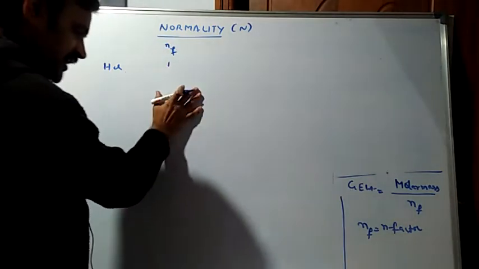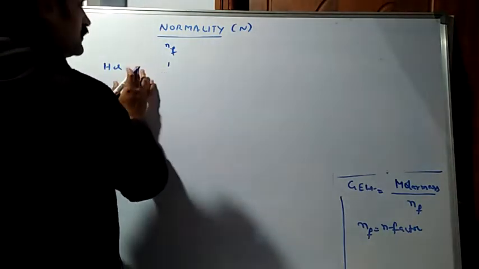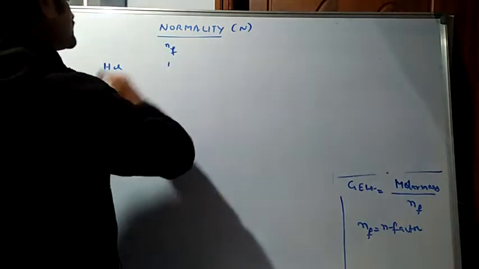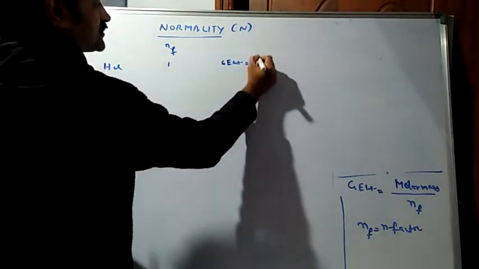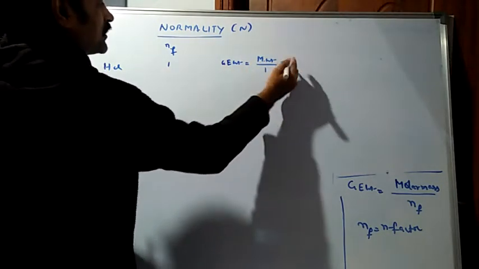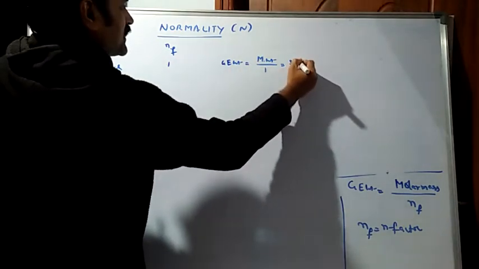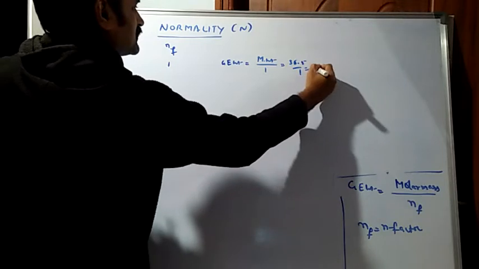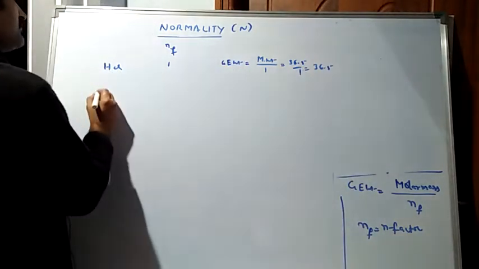So in such a case, what happens to the gram equivalent weight of this HCl? The gram equivalent weight of HCl is molecular weight by 1, both are the same. It is 36.5 by 1, which is 36.5 only, that is the gram equivalent weight of HCl.